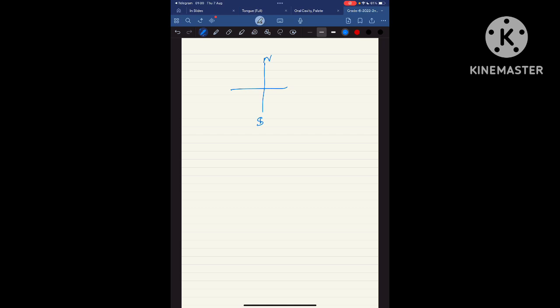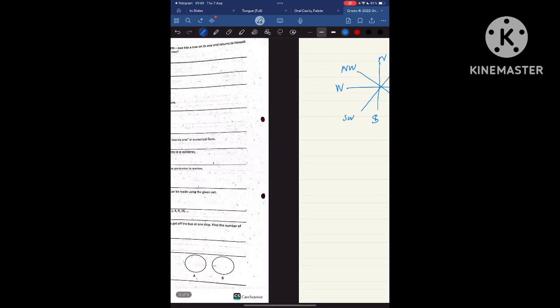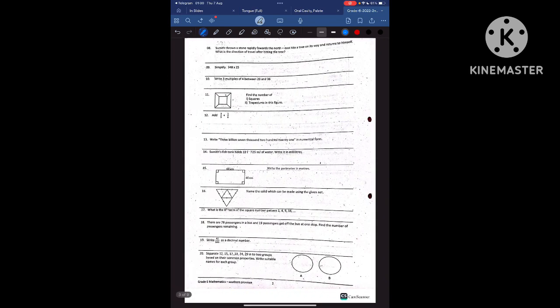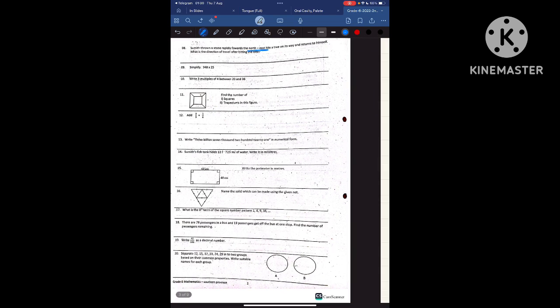Right hand side is east and left hand side is west. Okay. And then mark the northeast, southwest, southeast, northwest, right?